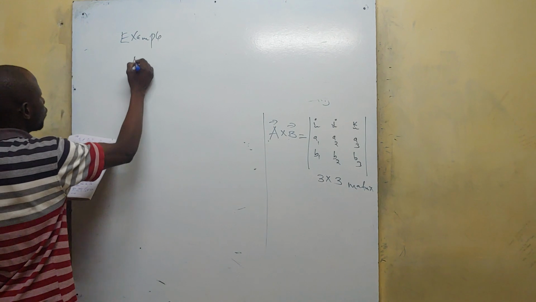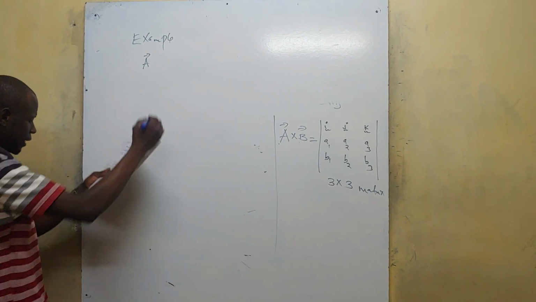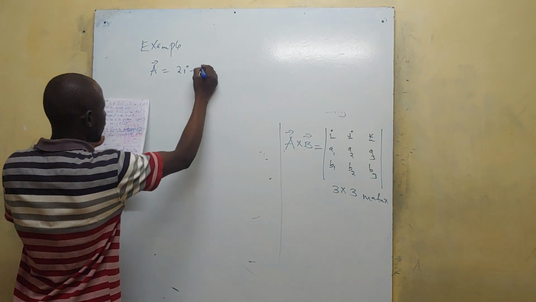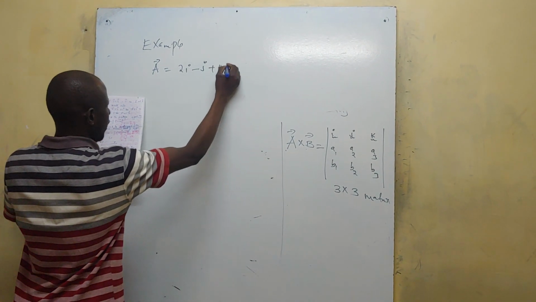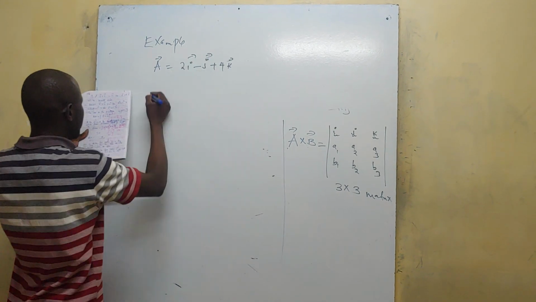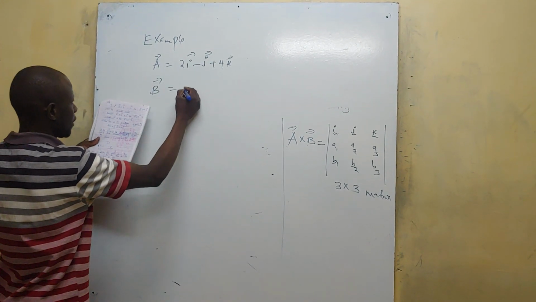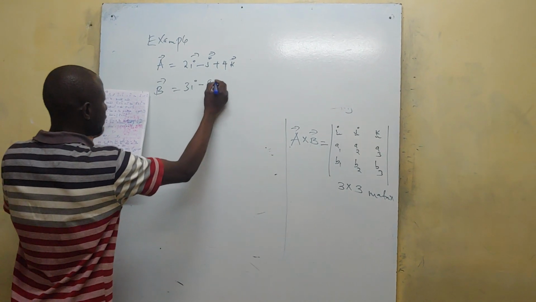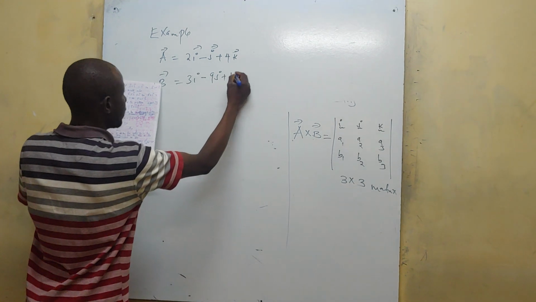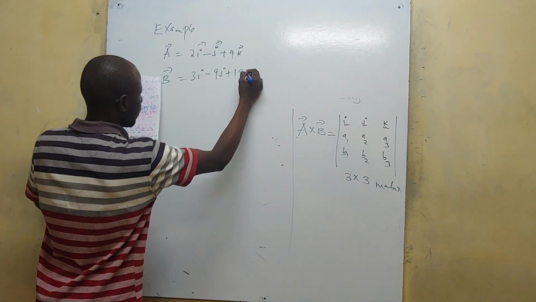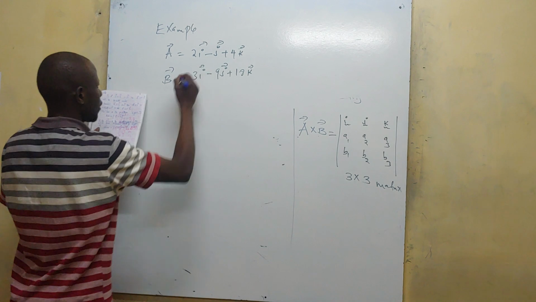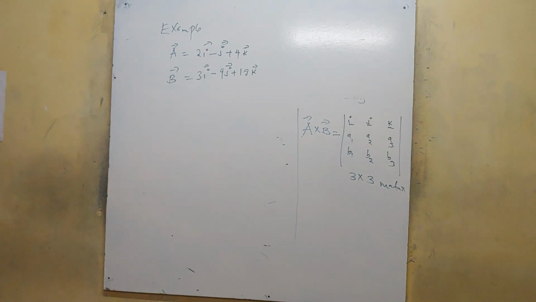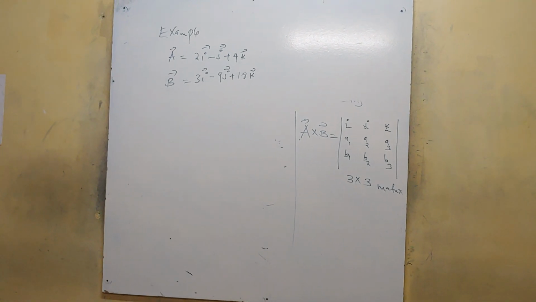We are given two vectors: vector A is 2i minus j plus 4k, and vector B is 3i minus 9j plus 18k. We want to determine the cross product between these two vectors.